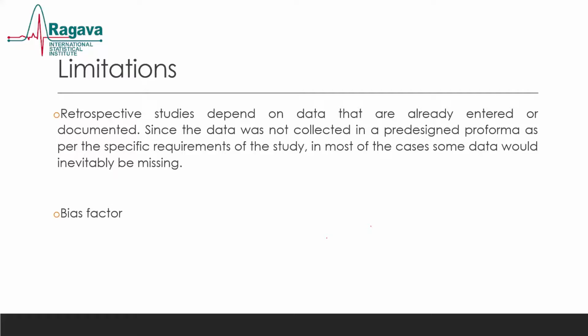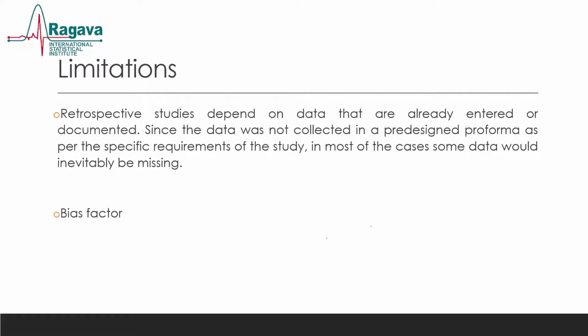The next one would be your bias factor. As I was telling you, most of these retrospective chart reviews, while being carried out by a reviewer, are done using convenient sampling. It is not something that is done in a very structured manner in many organizations. So there is always a bias factor involved.